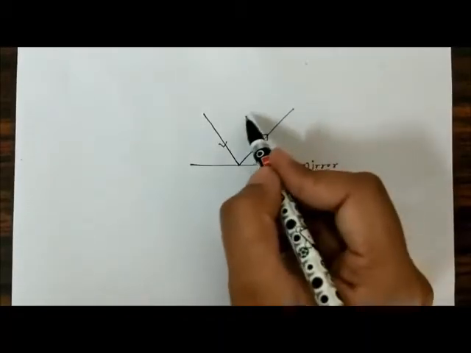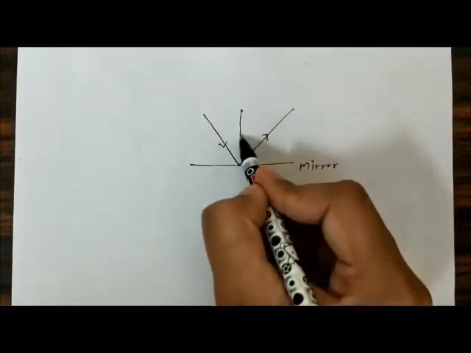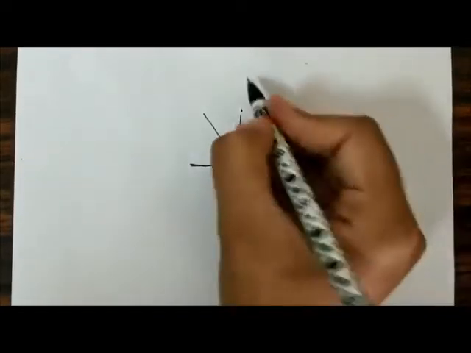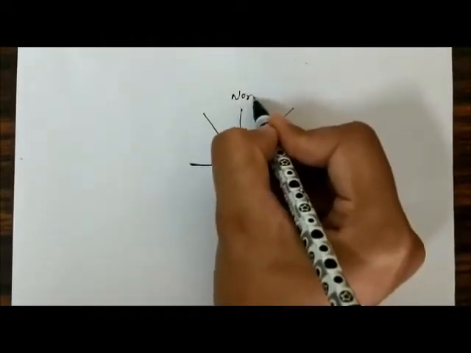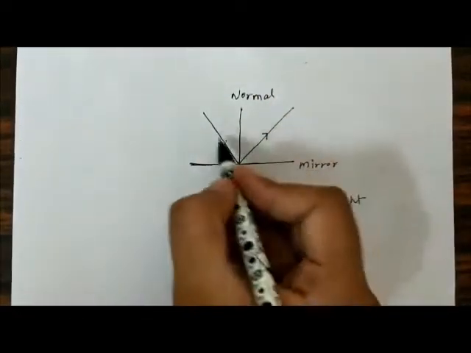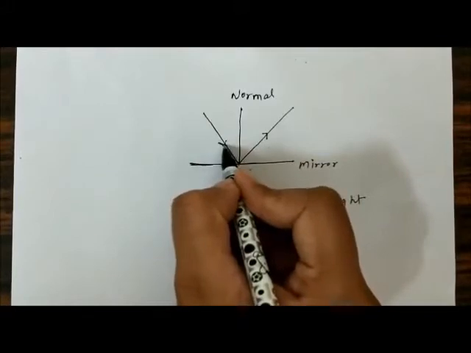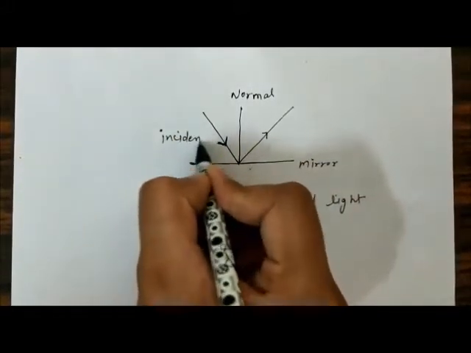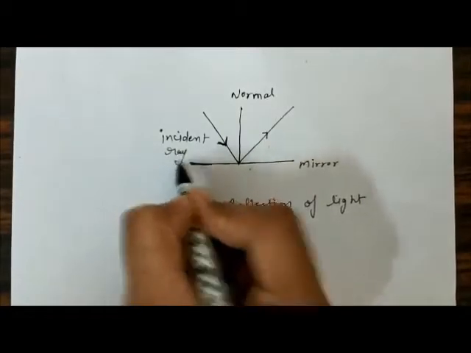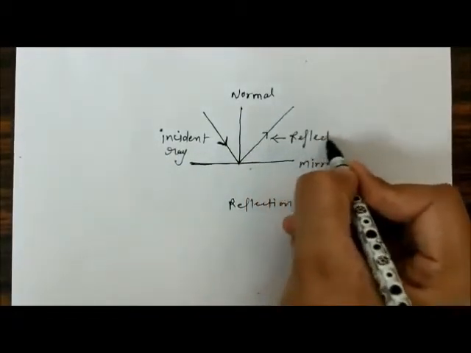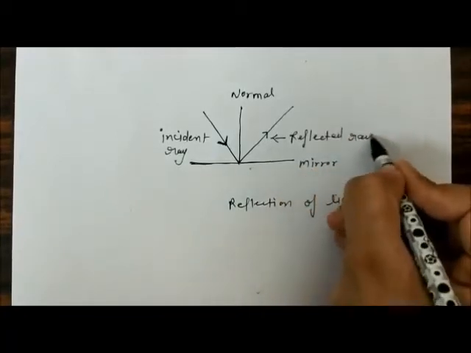If we draw a perpendicular on the mirror, this perpendicular is known as normal, and this ray is known as incident ray, and this is known as reflected ray.